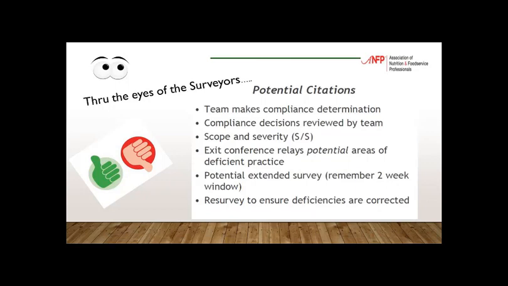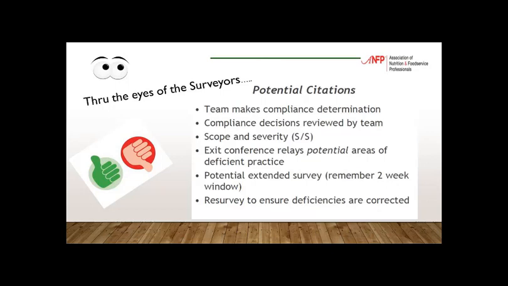But once again, the potential for citation comes from what the surveyor is seeing. And we don't always get the joy of having the state dietitians in our buildings. Usually they're nurses that have been trained in food and nutrition services, and they've been given an overview of what they need to look for.